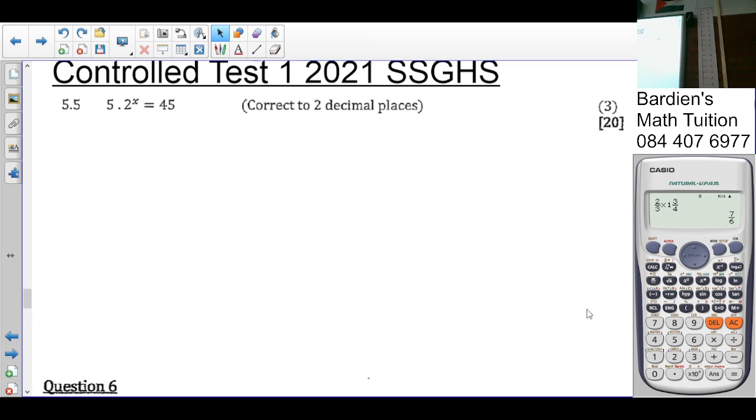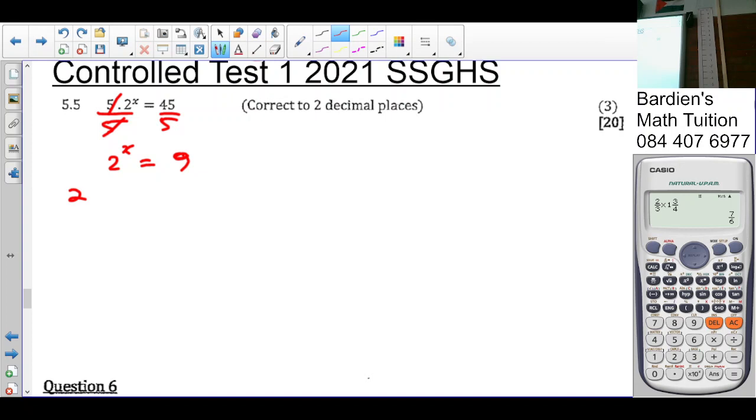So this is the process of elimination that takes place here. So what we do first, we divide by 5 both sides. That cancels. So 2 to the x is equal to 9. Okay, so 9 is 2 to the x.